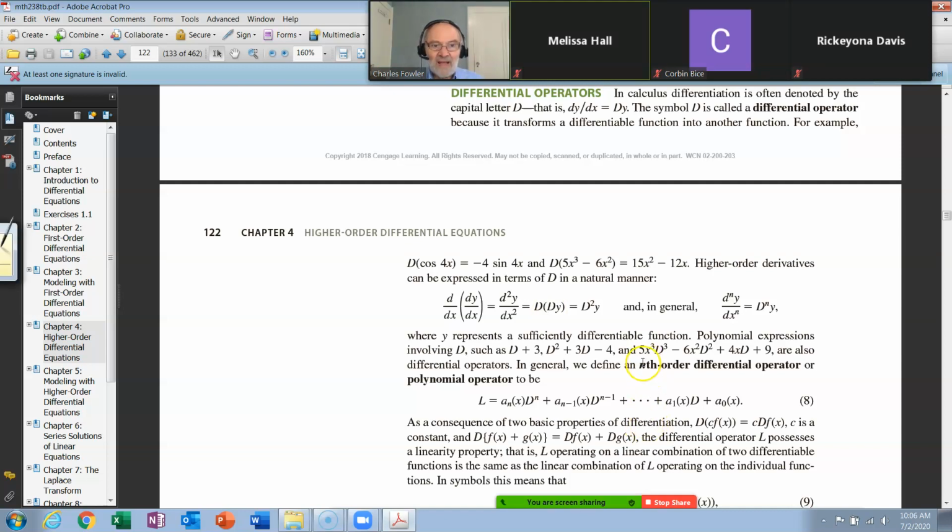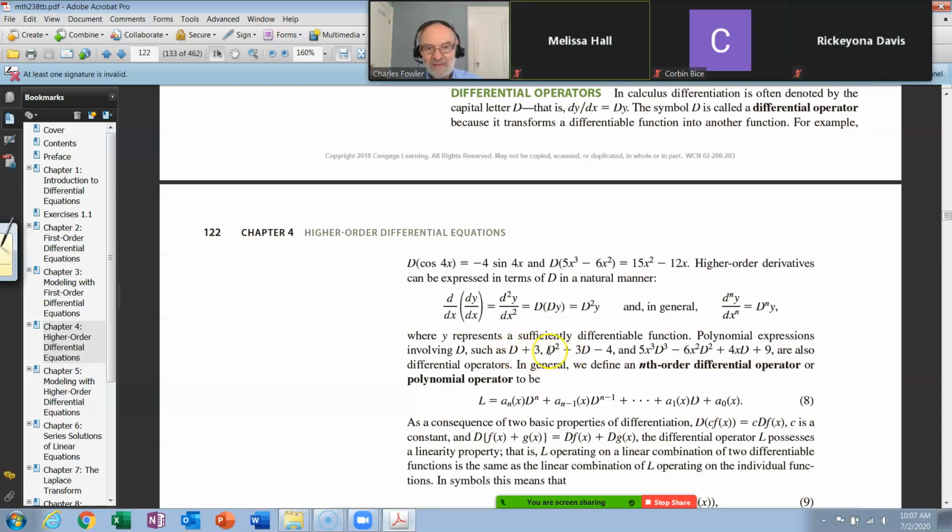And what that gives you, especially with linear differential equations, are polynomial expressions involving that D. If you did D plus 3 of y, that would be dy dx plus 3y.